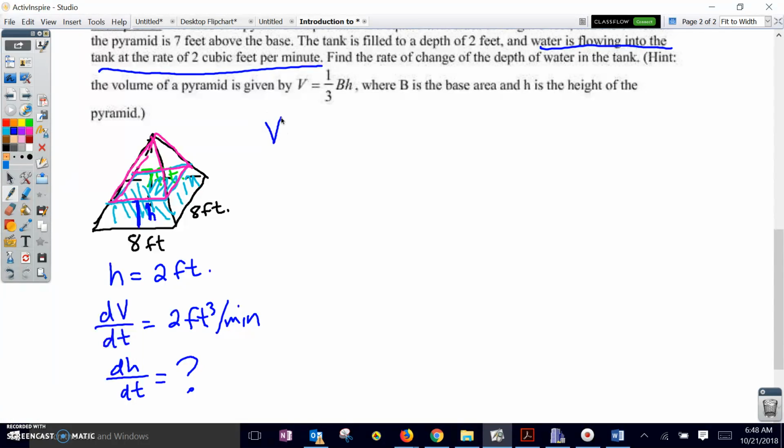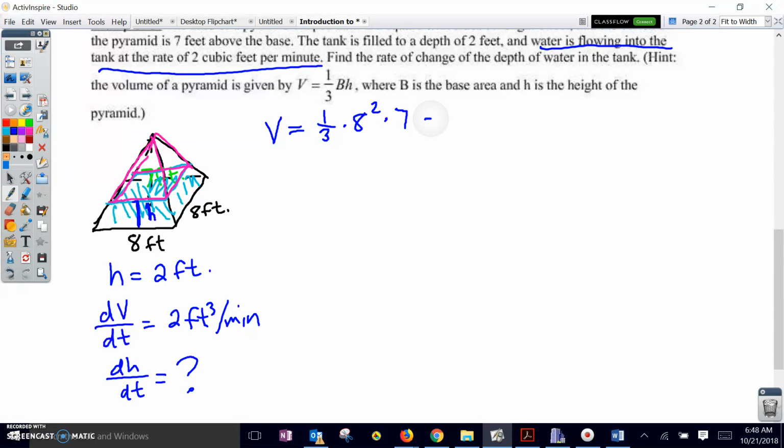So the volume of the water is equal to the volume of the tank, which is 1/3 times the base area of the tank times the height of the tank, which is 7 feet. So that's the volume of the tank.